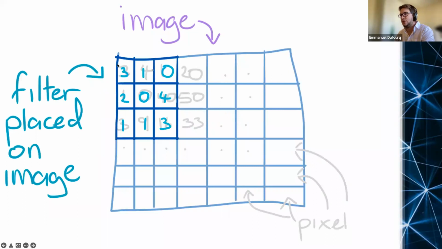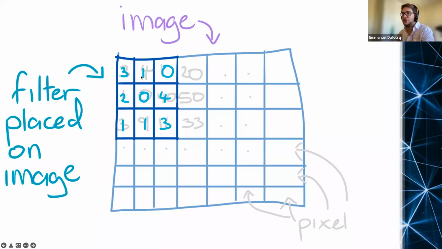So what we do is we take our 3x3 filter, which is here in dark blue, and our image, which is a little bit in lighter blue now, and you just put it in the top left corner. So you take the filter and you place it in the top left corner.